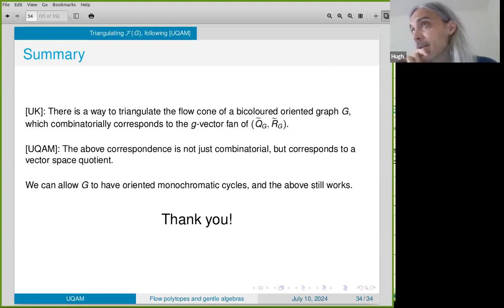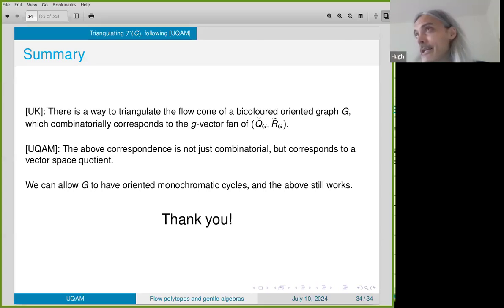The type A cluster algebras really do fall within this setting. So this all works perfectly in that case for any orientation of a type A quiver. You can add in sources and sinks to make this story applicable, and so you get Catalan many maximal cones, which naturally correspond to clusters.